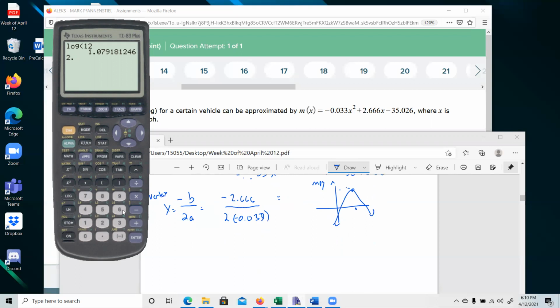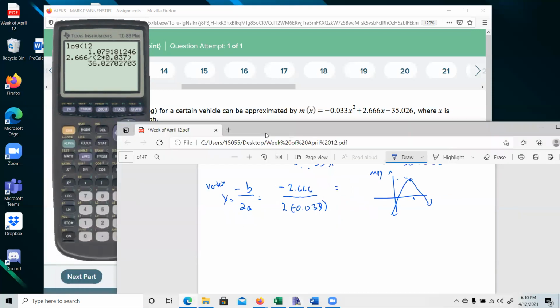So 3 sixes divided by, this is 2 times 0.037. Okay. Wow, those are crummy cars. So x is equal to 36.02 some, so we're going to say 36 miles per hour.